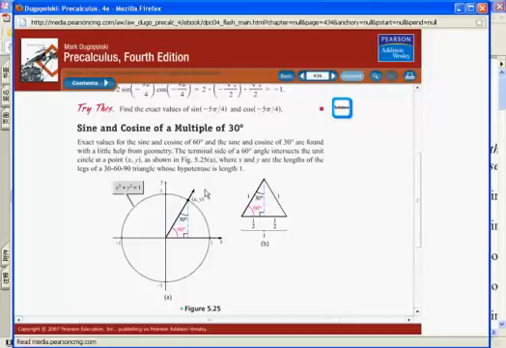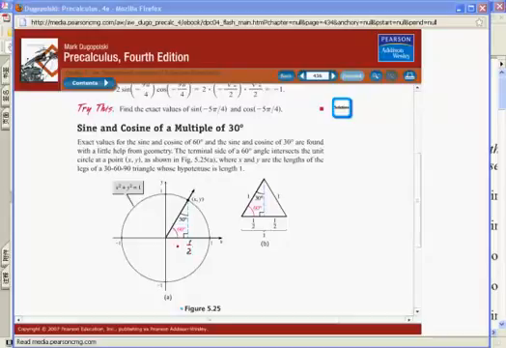That means the x-coordinate of the point of intersection of the terminal side of the 60 degrees is equal to 1/2. So x is equal to 1/2. Okay.